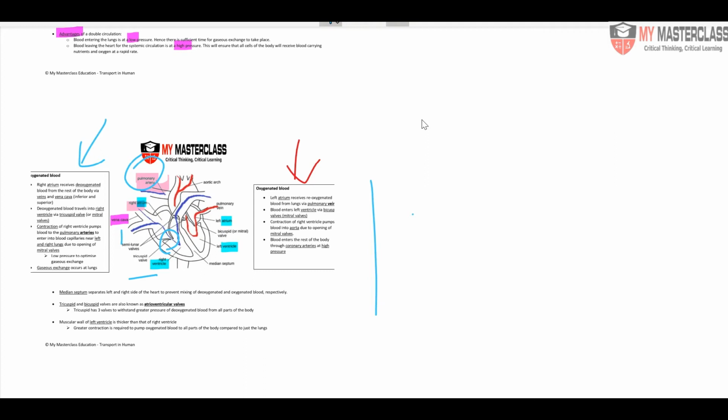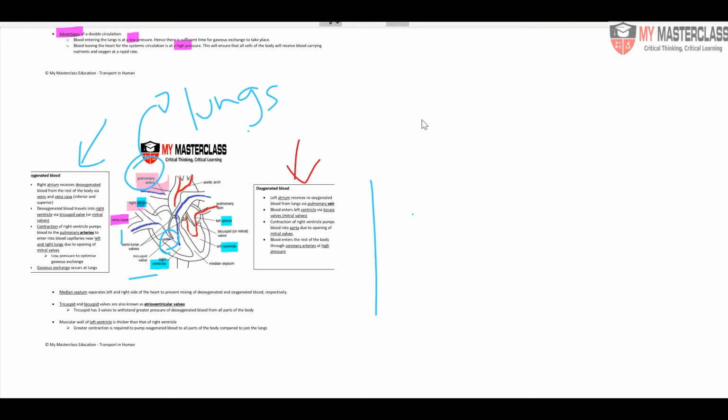Once blood from the right side has entered into your pulmonary artery, from your pulmonary artery it will then enter into the lungs itself, whereby you have got reoxygenation taking place. Carbon dioxide leaves, oxygen enters back at your hemoglobin, the red blood cells.